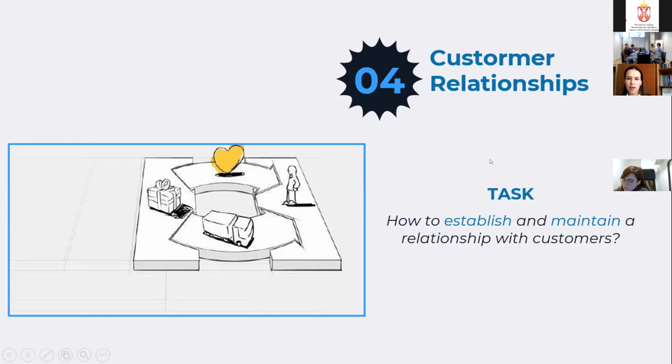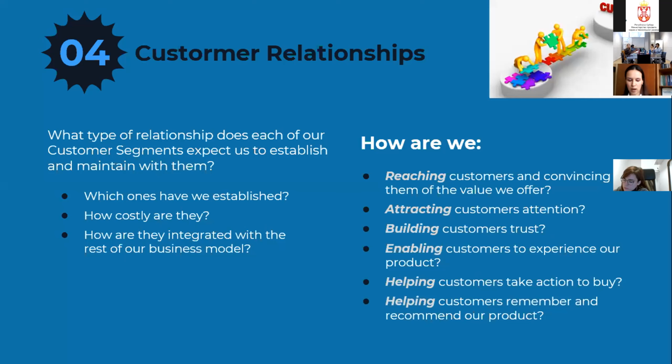So he must think how he will build, but also how he will grow these relationships. This block of the business model canvas describes types of relationships a company establishes with its customers. And customer relationships is defined as how a business interacts with its customers.